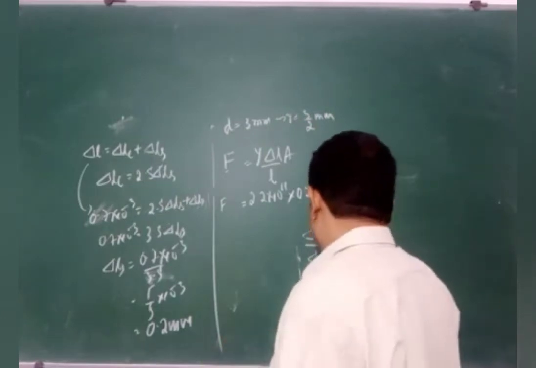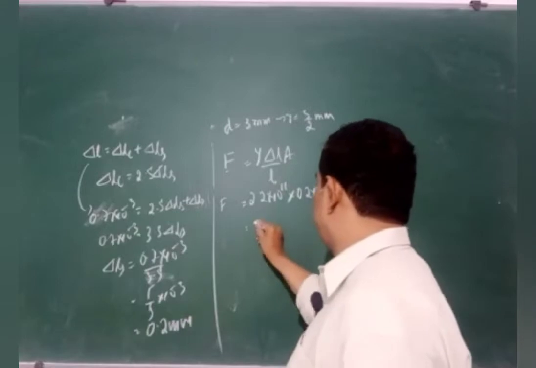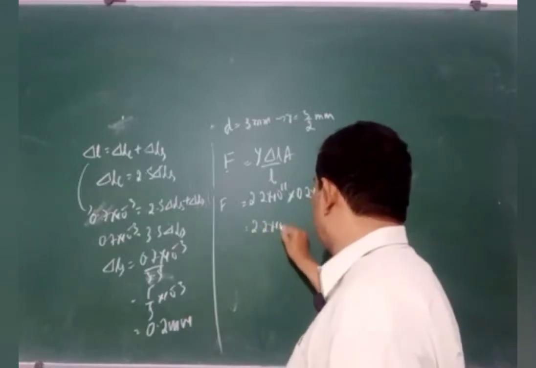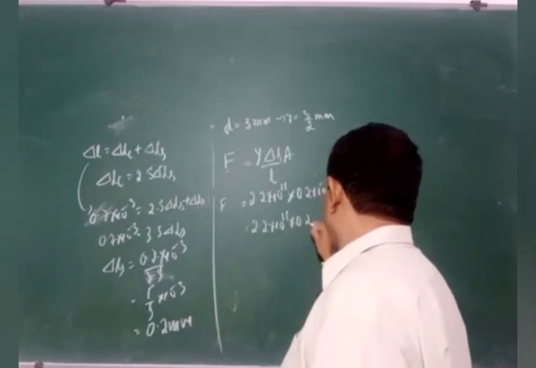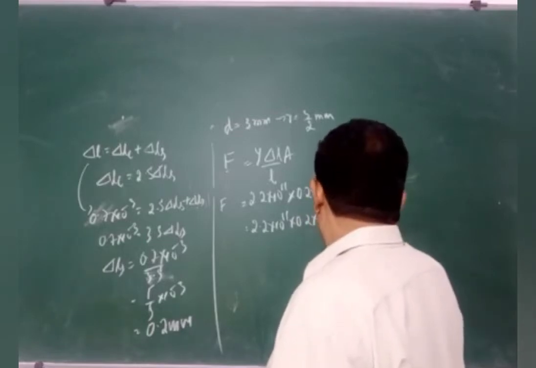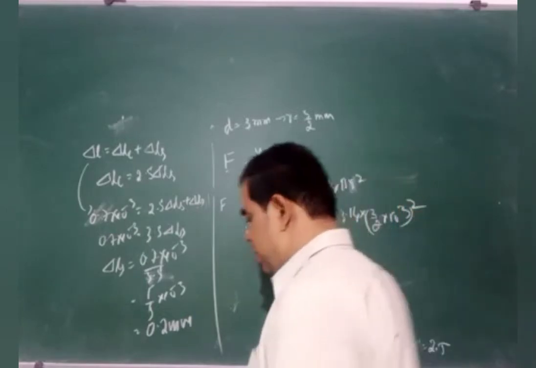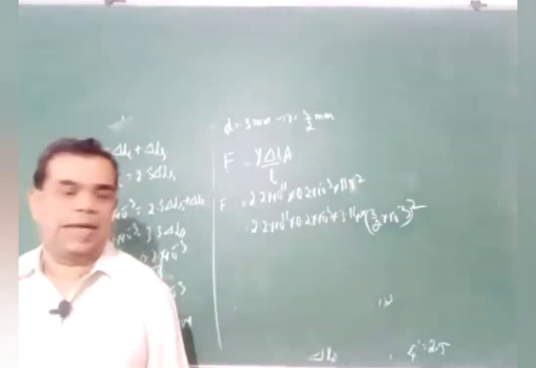We substitute everything there. So r is 3 by 2. 2.2, 10 raised to 11. 0.2, 10 raised to minus 3. Pi 3.14. R is 3 by 2, 10 raised to minus 3, whole square. You simplify this, you will get the final answer. Write down and simplify it.